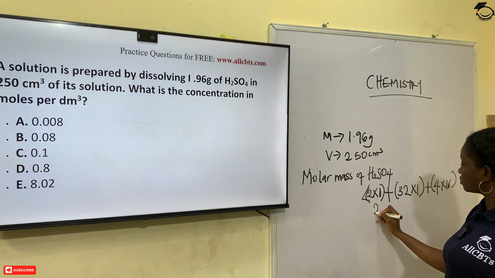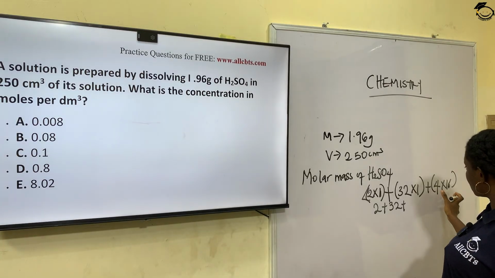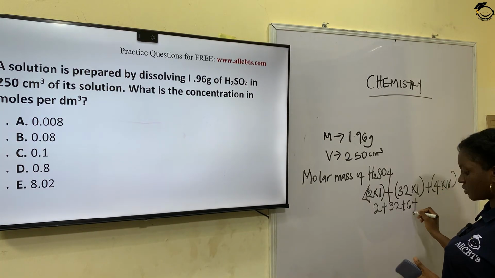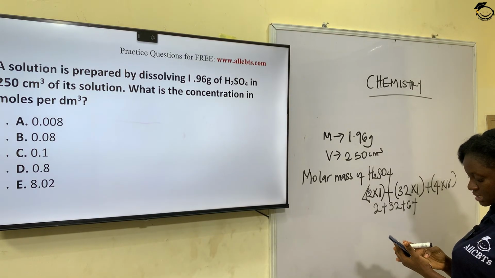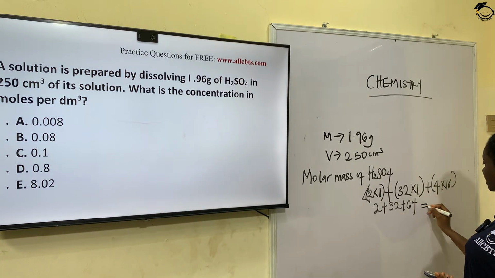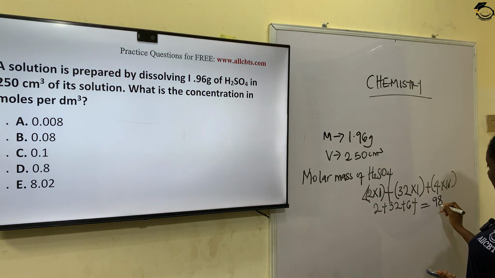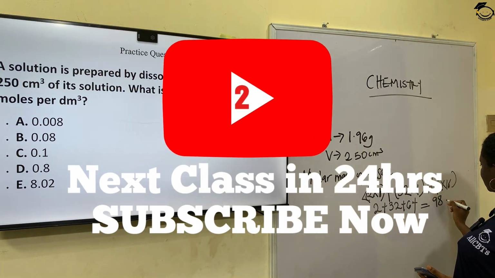That will give us 2 plus 32 plus 4 times 16, which is 64. So we sum this together, 2 plus 32 plus 64. The addition of this will give us 98. That's the molar mass, 98.